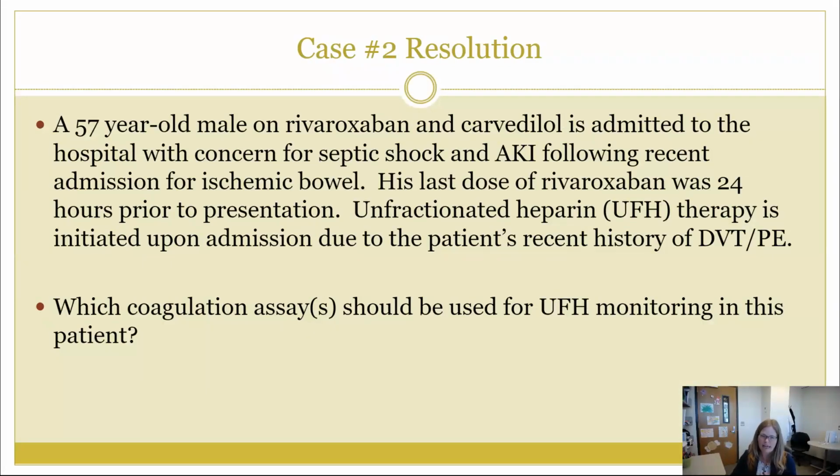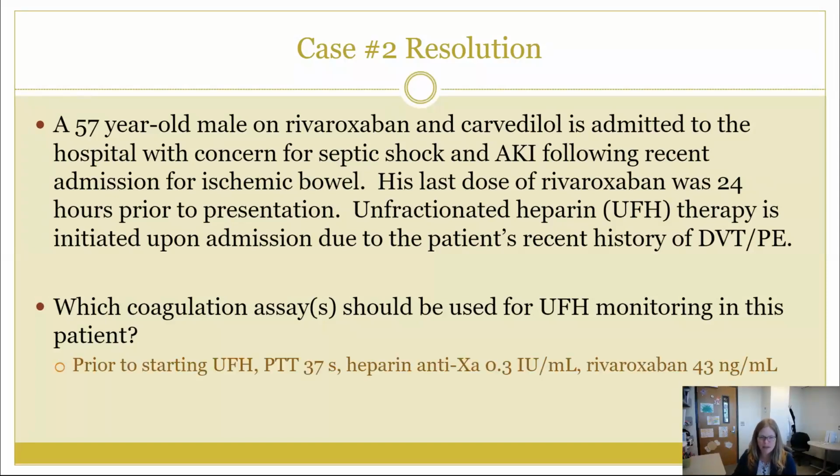So back to our case number 2. This was a patient who was on rivaroxaban on the outpatient side, but now is admitted and needs to be on unfractionated heparin. So what can we do to monitor his unfractionated heparin in this setting? Prior to starting unfractionated heparin, the providers ordered a PTT, a heparin anti-10A, and a rivaroxaban value.